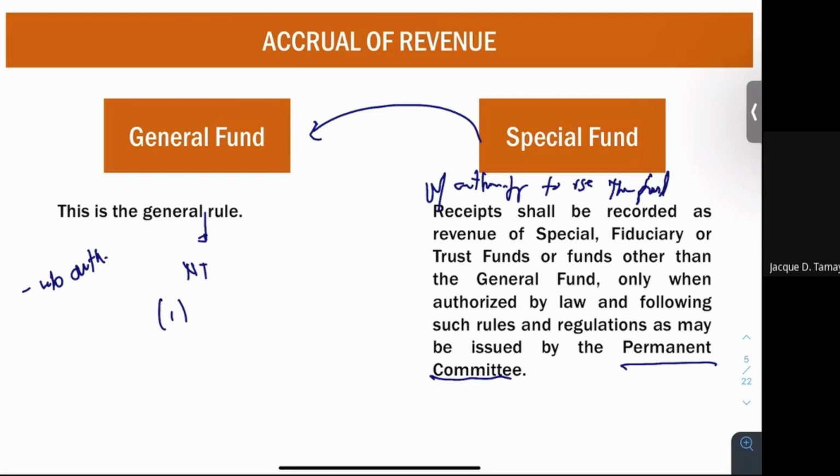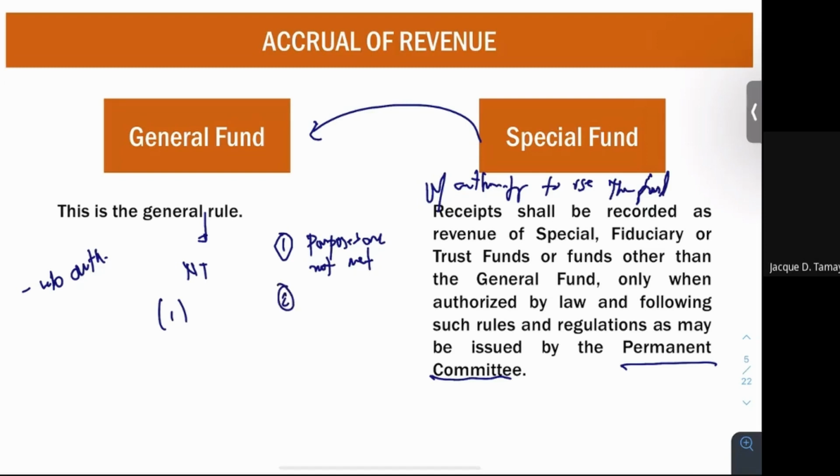Okay, there are chances wherein it is reverted to the general fund. First, if ever the purposes are not met. So if ever the fund is no longer necessary for the attainment of the purpose, then you now revert it to the general fund.